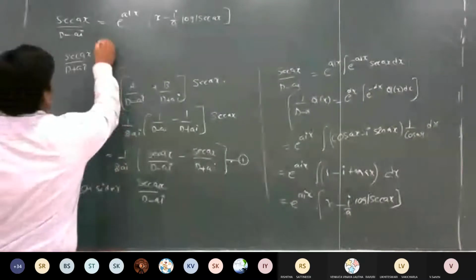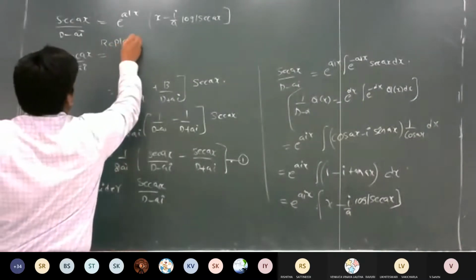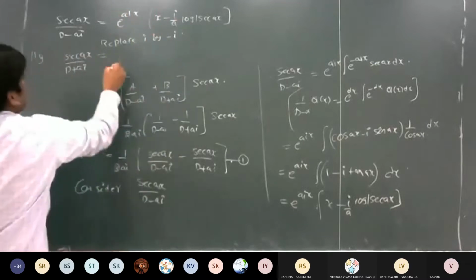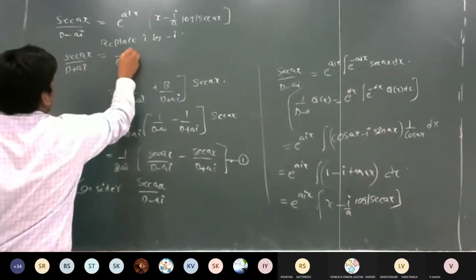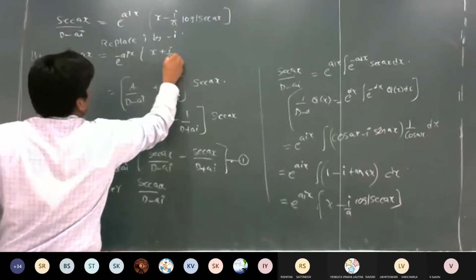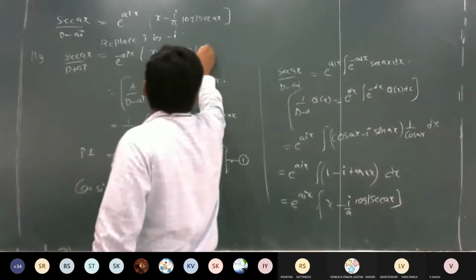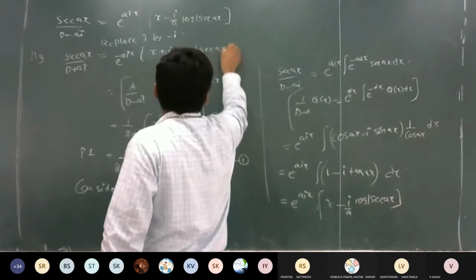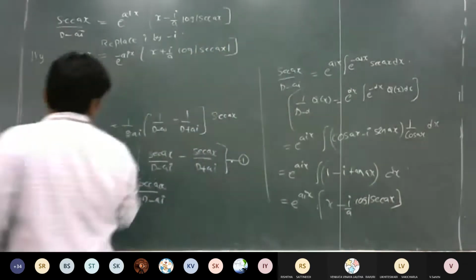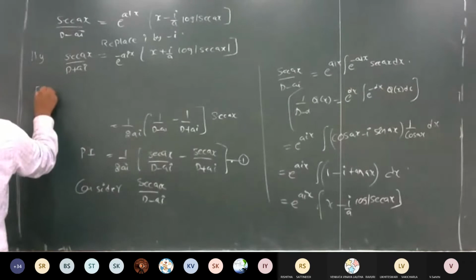You will get e^(−aix) times [x + (i by a) log|sec ax|]. Now substitute these values from equation 1.